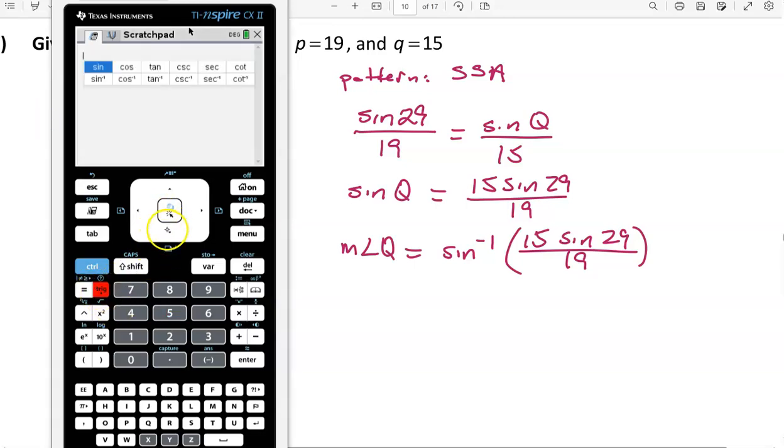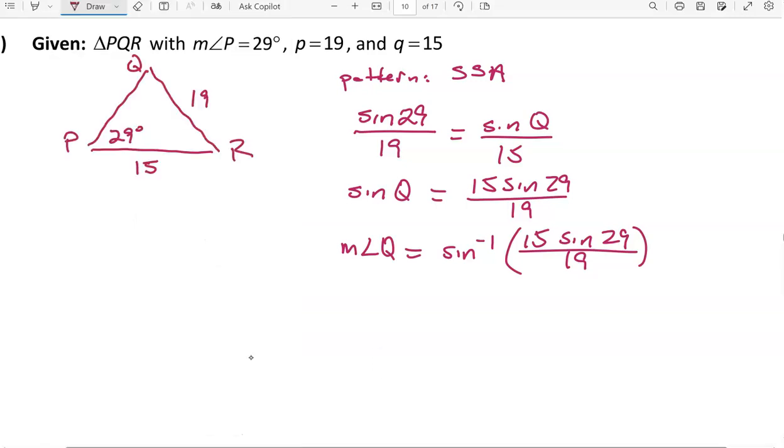So sine inverse: Control divide for a fraction, 15 times the sine of 29 divided by 19, and that's going to give us the acute angle 22.504. So measure of angle Q is equal to 22.504.